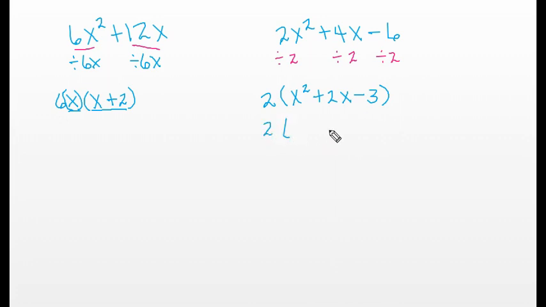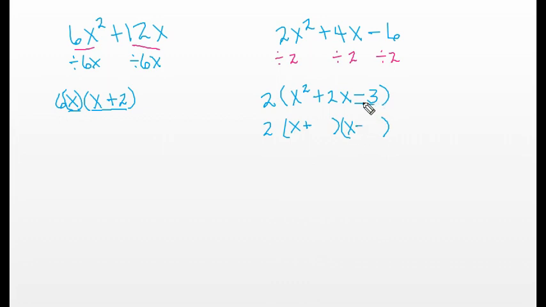Now I'm looking for my binomial factors. In other words, the factors that make up x squared plus 2x minus 3. Well, I know that I have to have an x times an x to give me that x squared, and I know that I've got to have a positive times a negative in order to give me a negative 3.